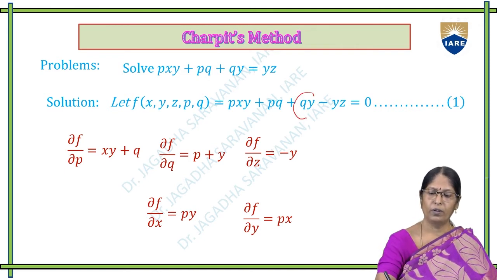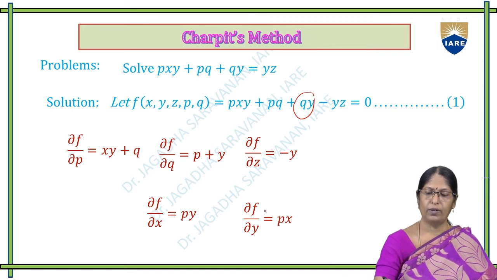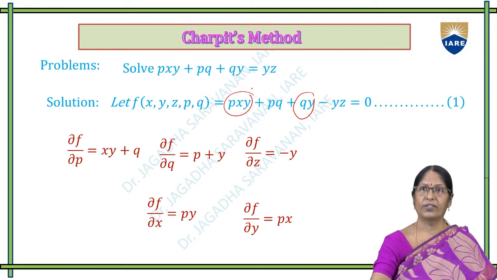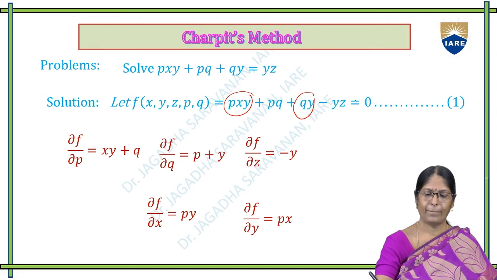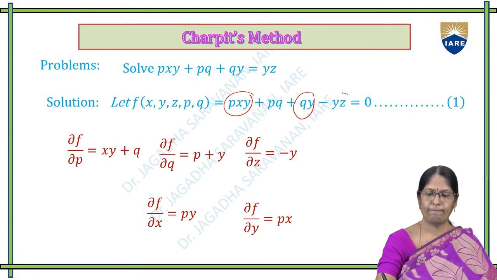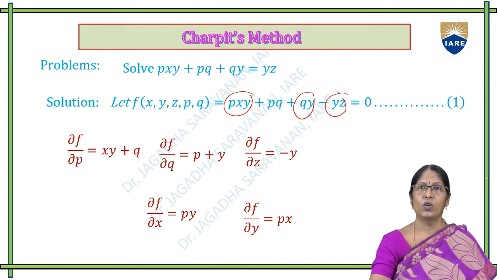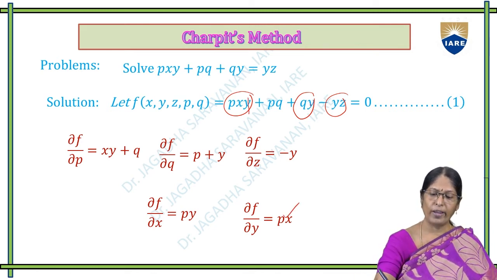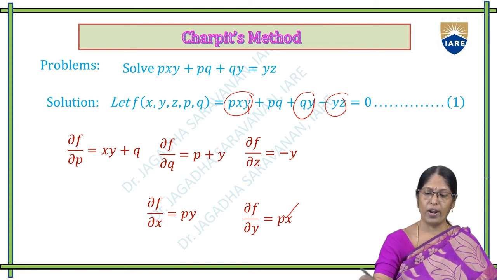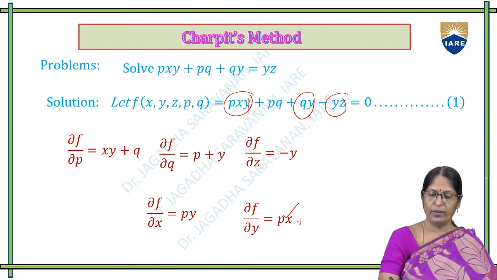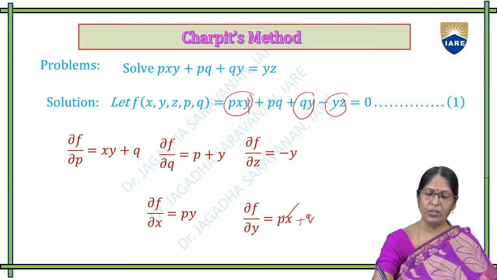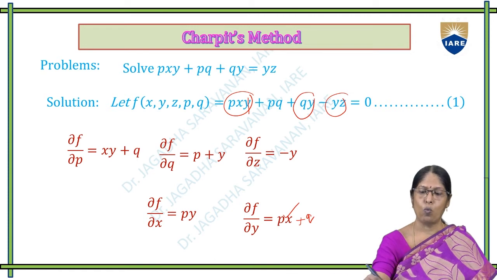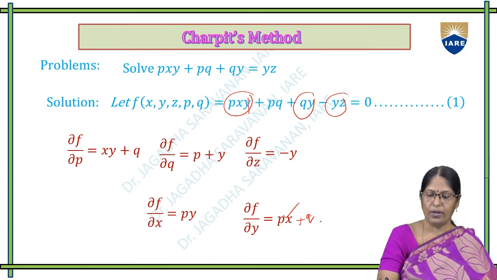So dou f by dou y, here y differentiation is 1. So we are getting px. Here the y differentiation is 1 into q. It should be written here, plus q. And here the y differentiation is 1 into z. It is not written here.